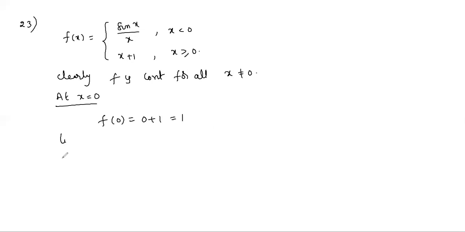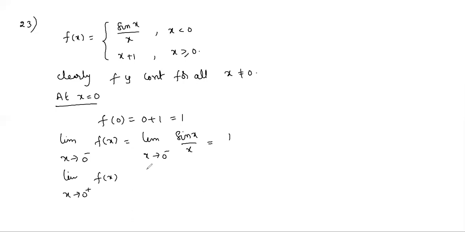Next, the limit as x tends to 0 minus of f of x is the limit of sin x by x, which is 1. Next, the limit as x tends to 0 plus of f of x is x plus 1, so by substituting, 0 plus 1 is 1.